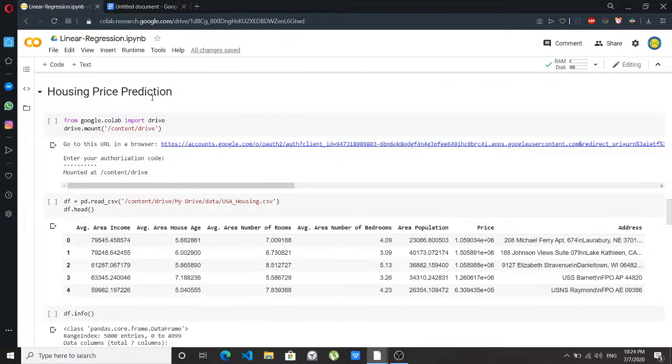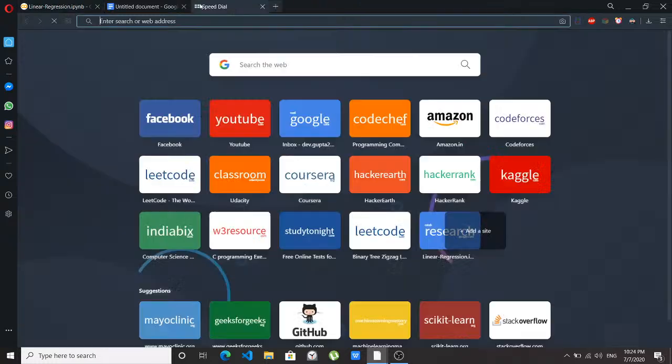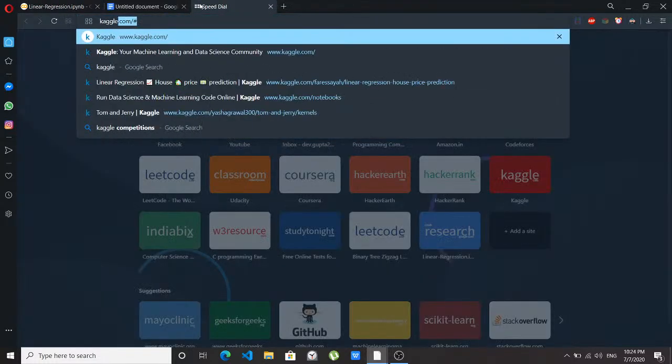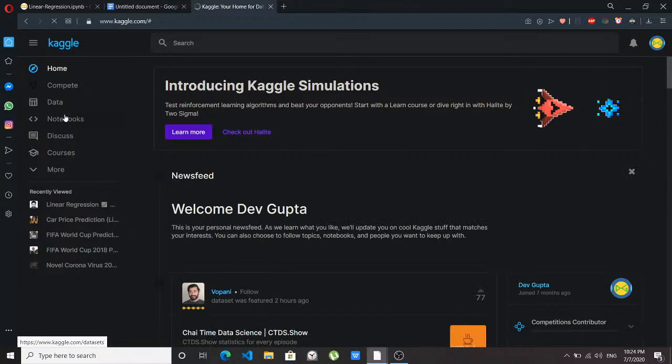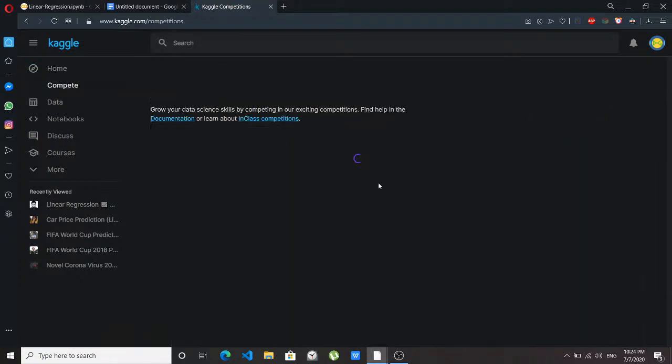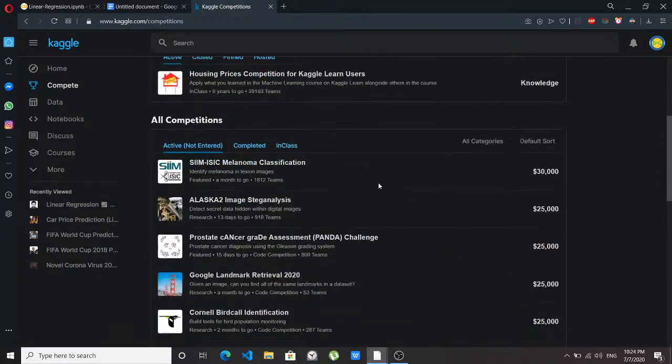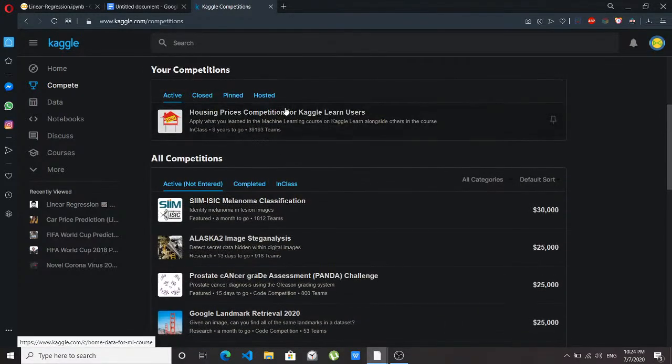Here we are taking an example. You can find this challenge, housing price prediction, on Kaggle as well. Let me see, kaggle.com, complete housing price prediction.